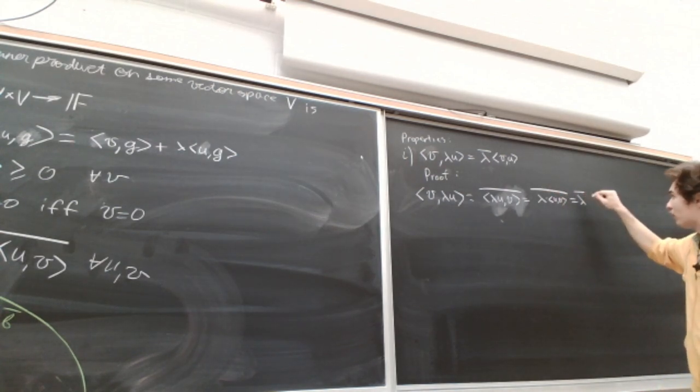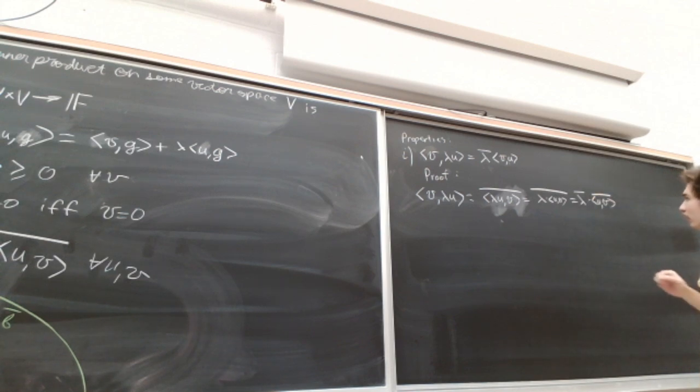So this is lambda bar times the conjugate of u inner product v. Now I can swap it back using the fourth condition again, and I get lambda bar times v comma u. People agree with this?